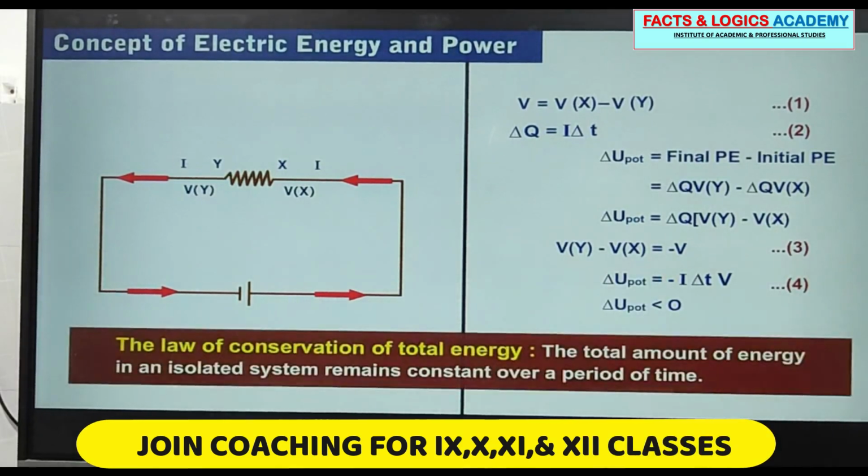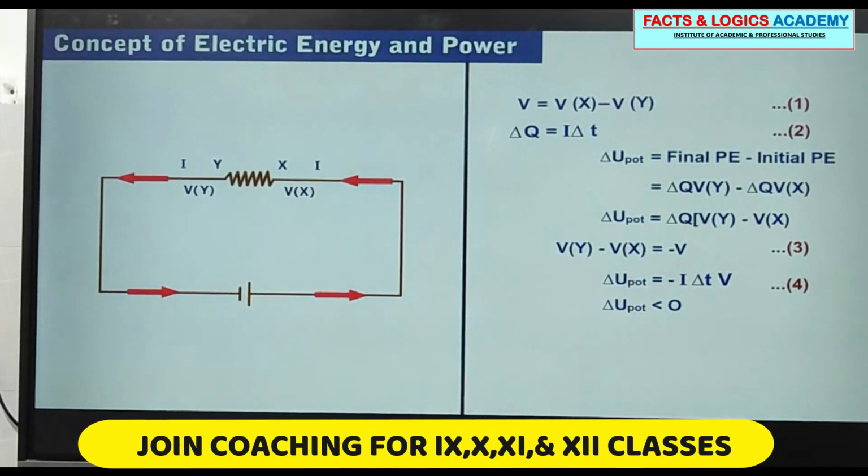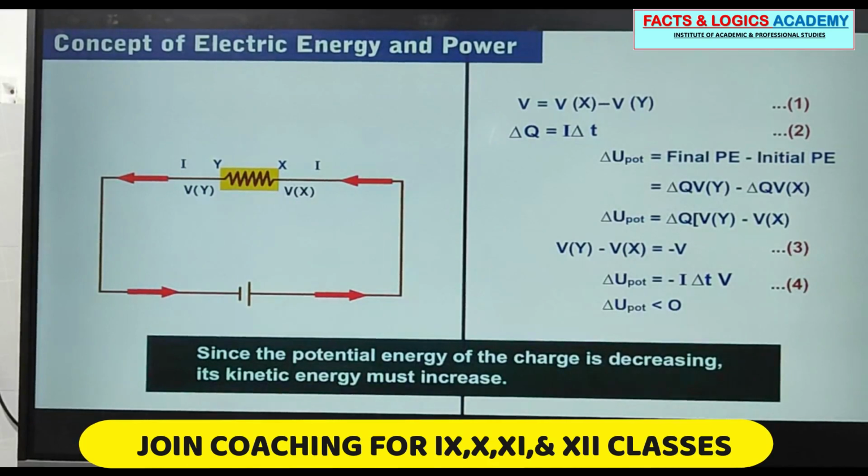The law of conservation of total energy states that the total amount of energy in an isolated system remains constant over a period of time. Applying the law of conservation of total energy between points x and y, since the potential energy of the charge is decreasing, its kinetic energy must increase.